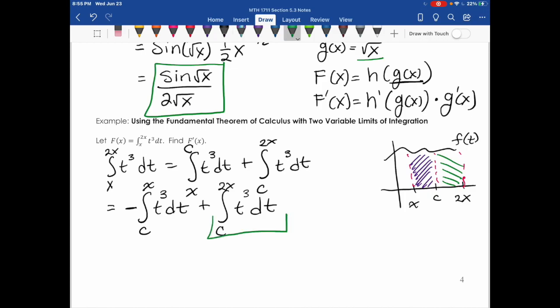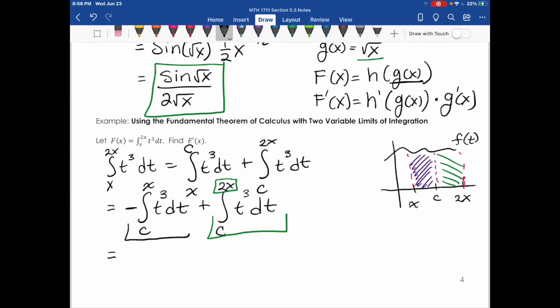Now in this integral here, like the previous example, we do not have x as the upper limit. So we're going to think of this as a composition function where 2x is that inner function. So I'm going to take the derivative of this integral, evaluate it at 2x, but I have to remember to multiply by the derivative of 2x.